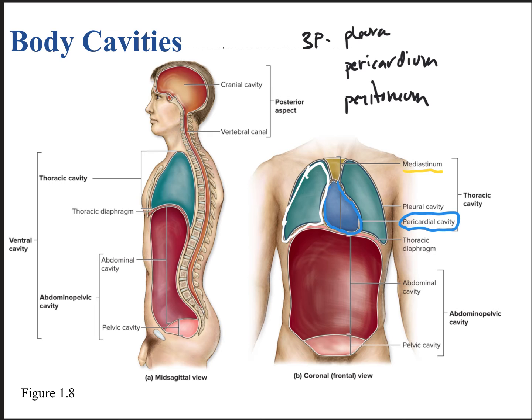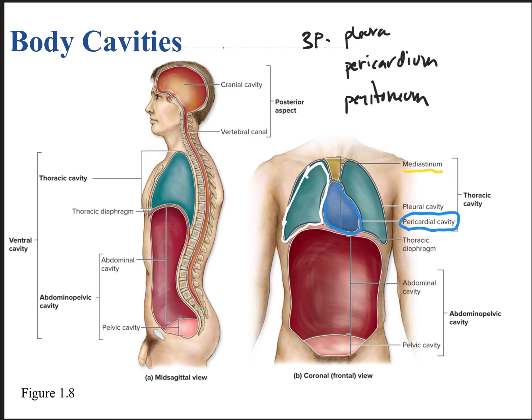So if I asked you to identify the specific serous membrane layer that you would find lining the abdominal cavity, what would that be? Don't all jump up at once. Abdominal cavity means parietal, it's lining the wall.